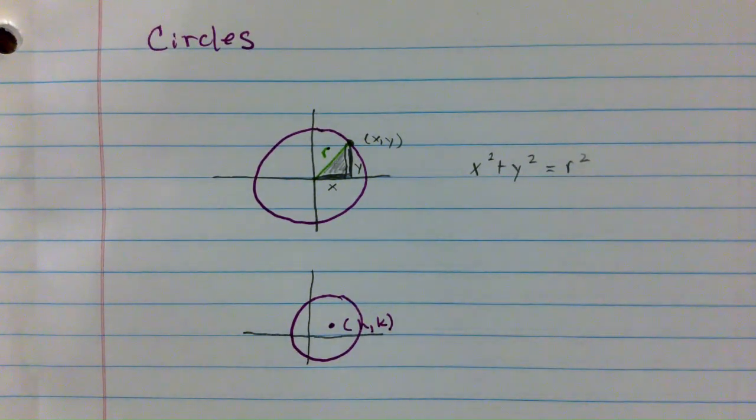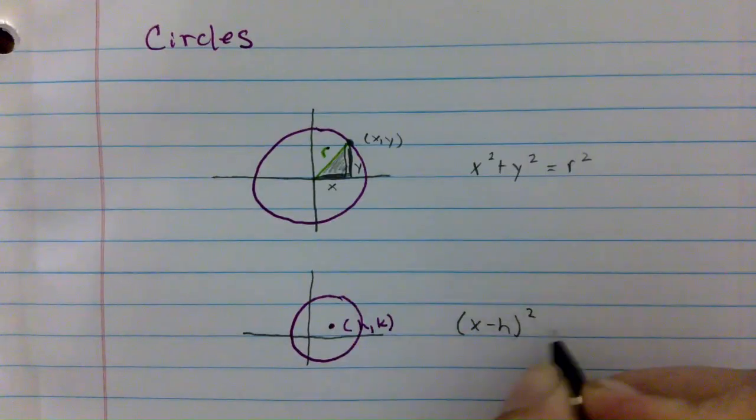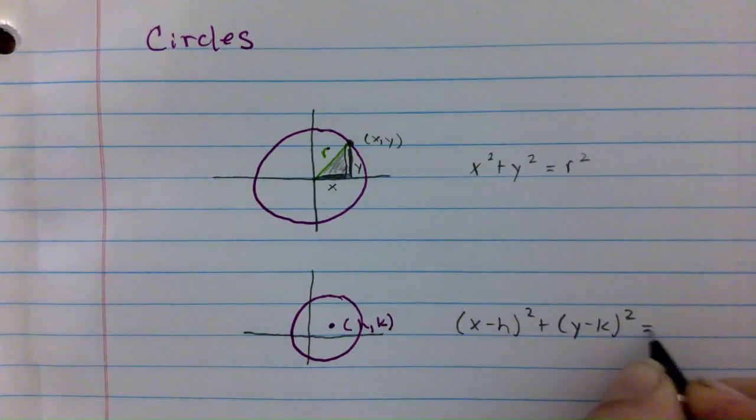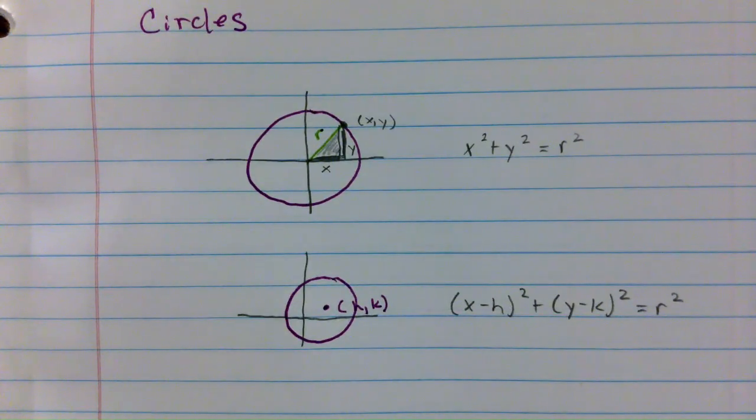So the formula for an equation of a circle is this Pythagorean theorem with an HK shift. That's all this is. The x has been shifted by your h, the y has been shifted by your k, and therefore now we have the equation of a circle. Again, it's the Pythagorean theorem combined with HK shifts.